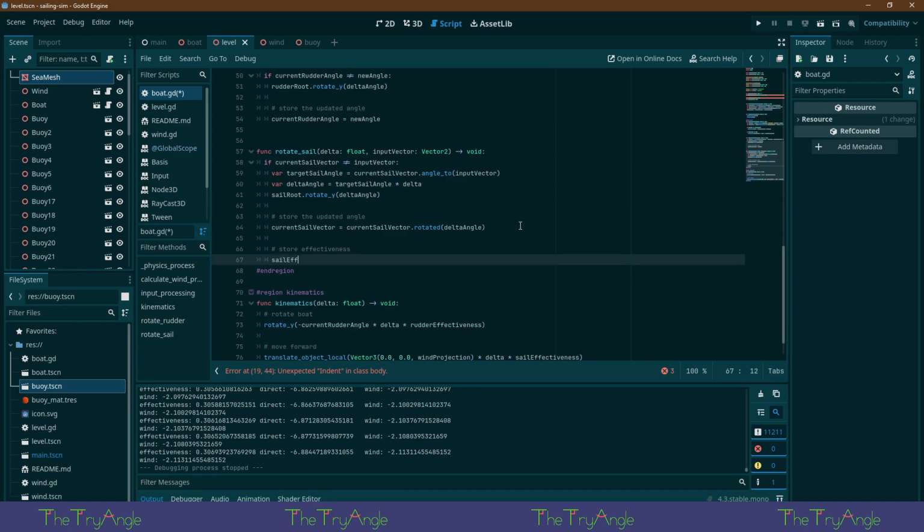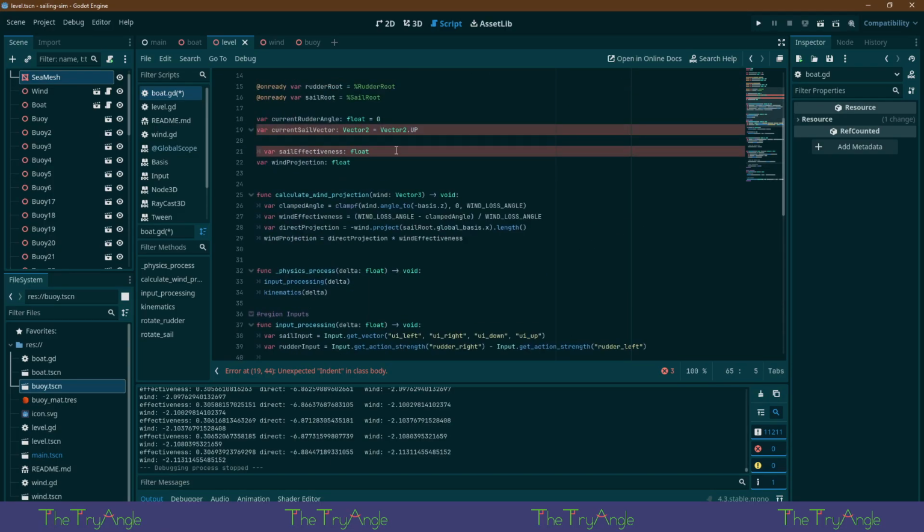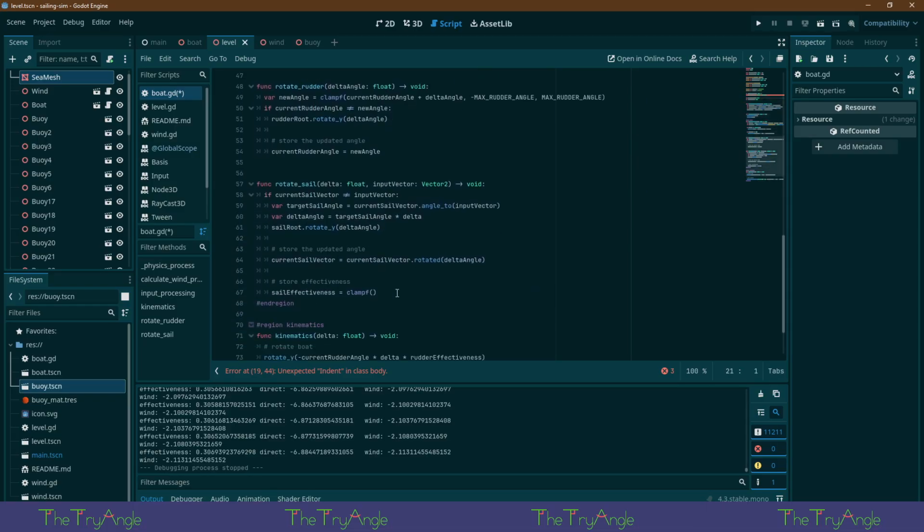All right. Clamp F. Why are you so mad at me, man? Oh, there. Clamp F. Something we're going to calculate and max at 1.